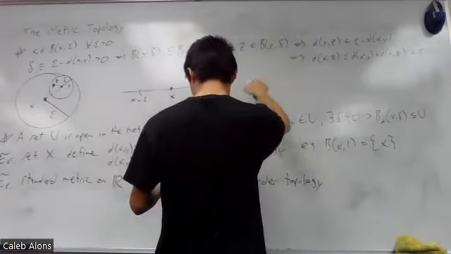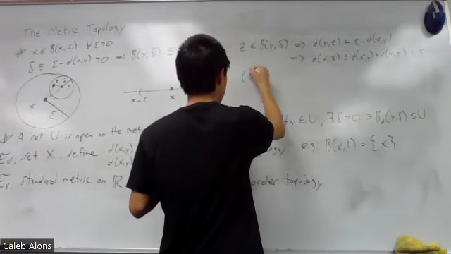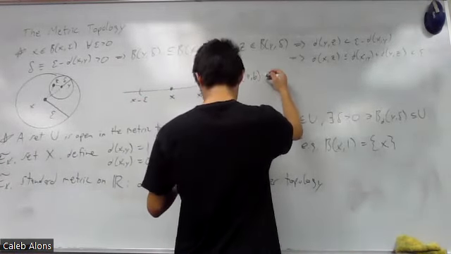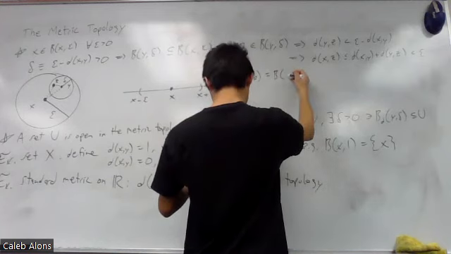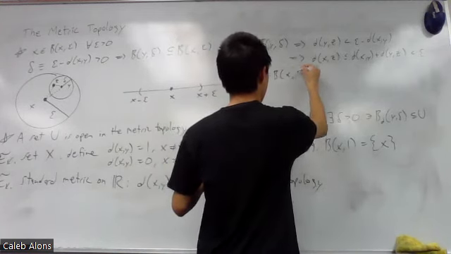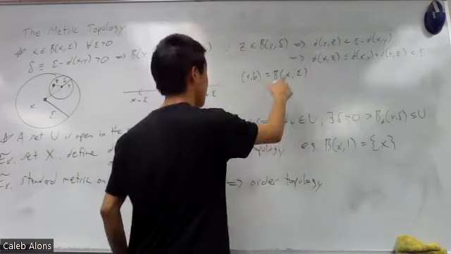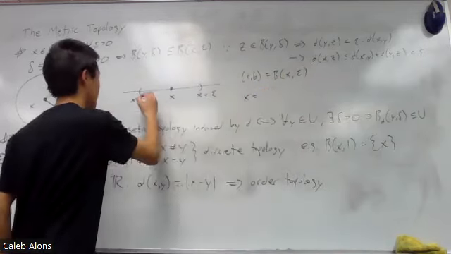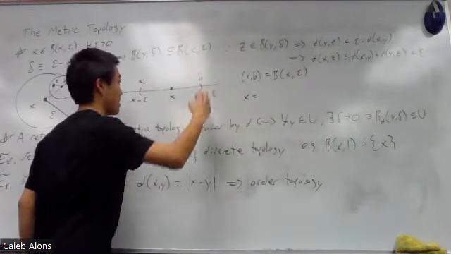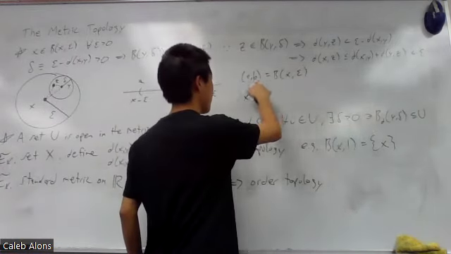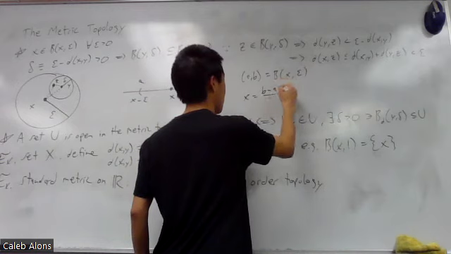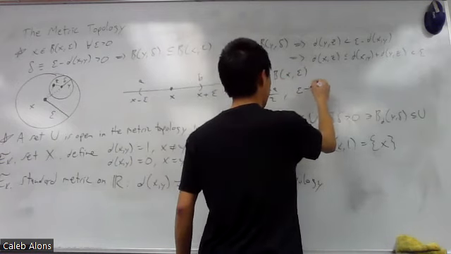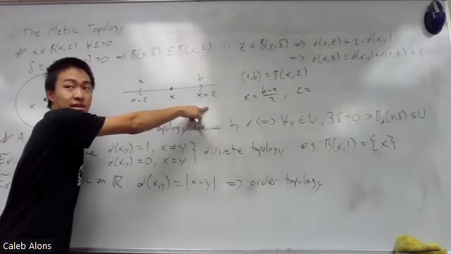To go the other way, if I choose some interval (A,B) to be a basis element, a ball around X with radius epsilon, we can always choose X to be the midpoint between A and B, and then I can choose epsilon to be half the distance.